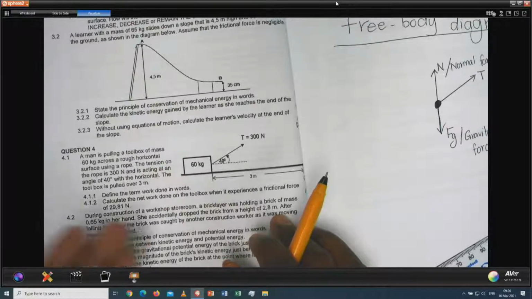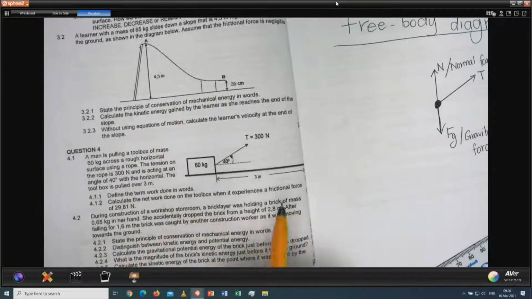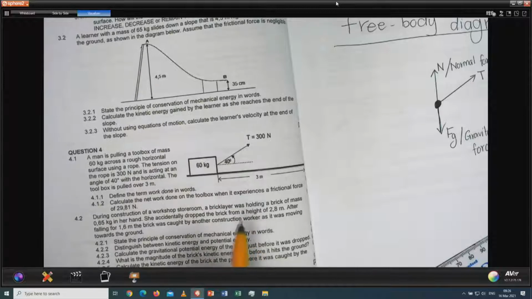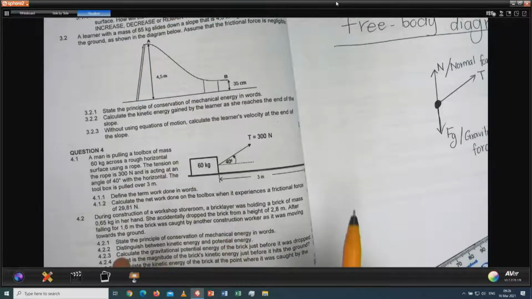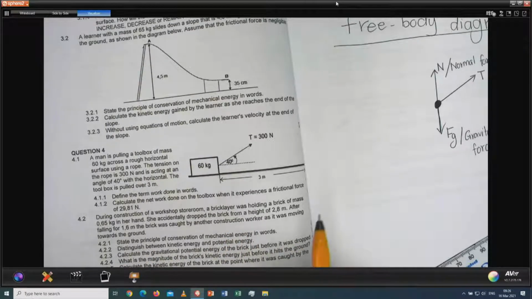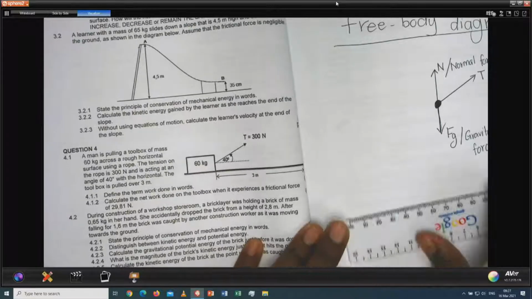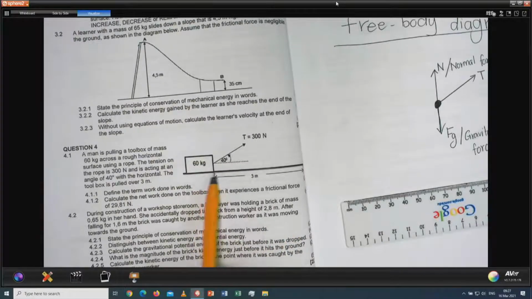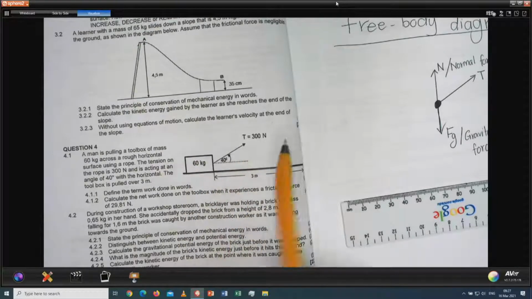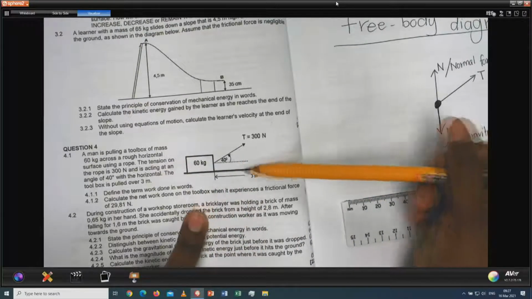Now, frictional force, we know first, it's a force that opposes the motion of the object, and then secondly, it acts parallel to the surface. So here is our surface. So if this object is moving this way, that means if friction is opposing, friction will move this way.